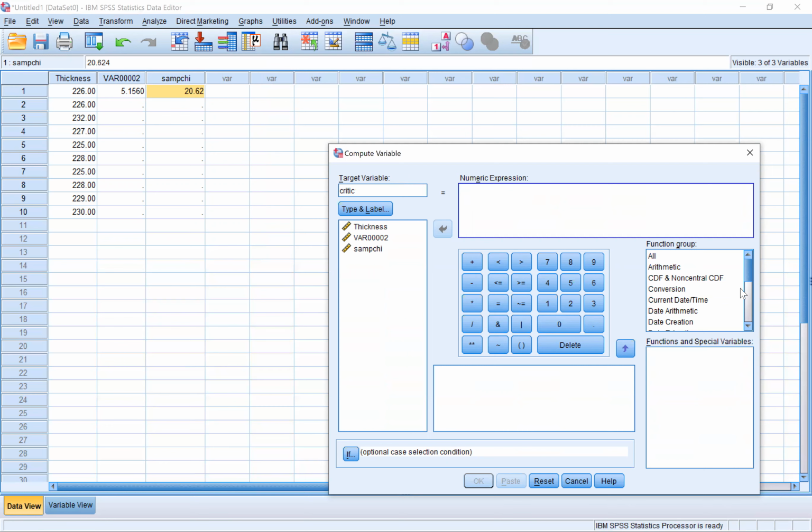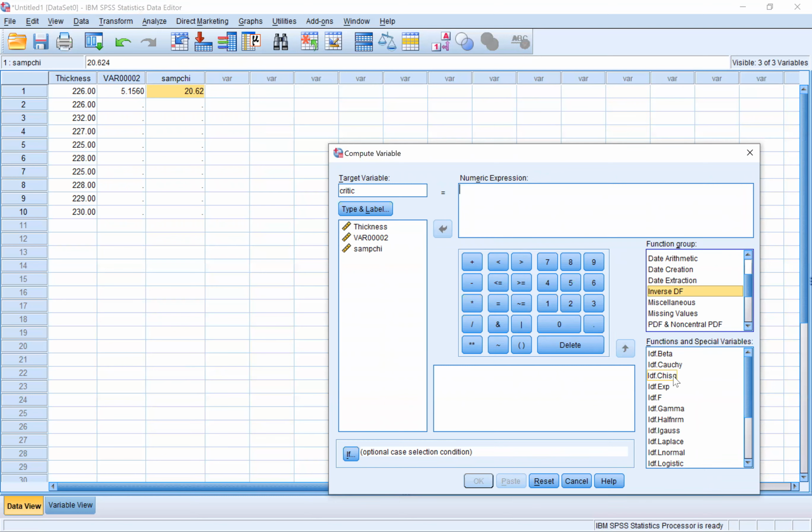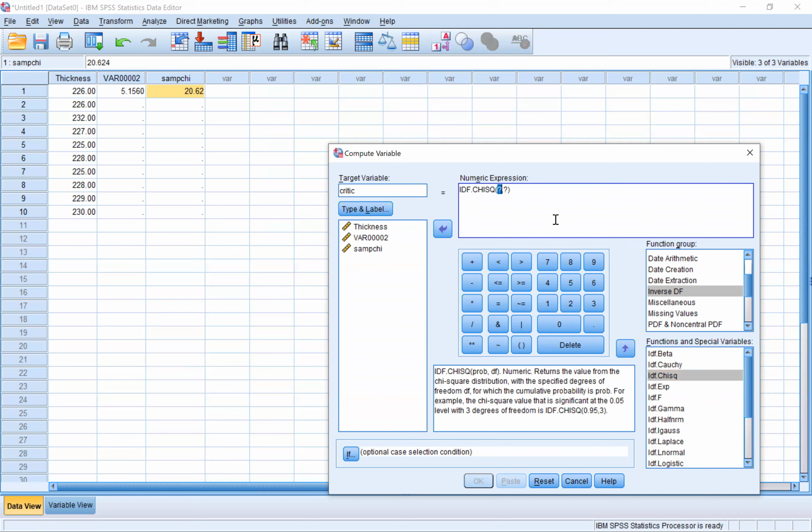By going to inverse distributions and inverse chi-square. What you need to put in is the probability, but since it computes the cumulative probabilities, I need to put in 0.95 instead of 0.05.